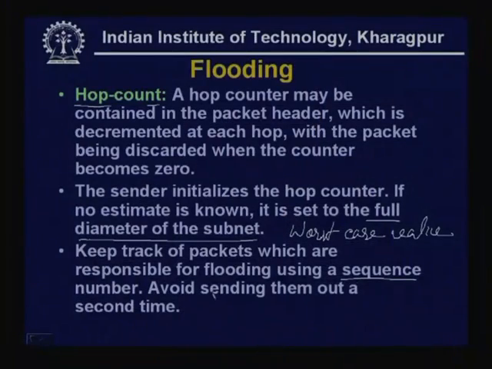We avoid sending that packet a second time whenever it comes to a node. The first time it is forwarded, that sequence number information is monitored, and whenever it comes again, it is not forwarded. So, this is another important technique that can be used to reduce the number of packets in the flood whenever you are using flooding.